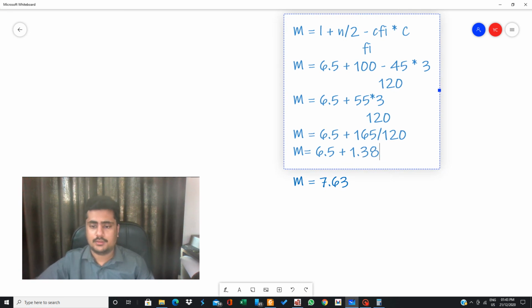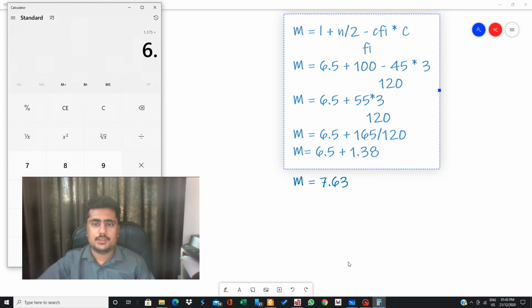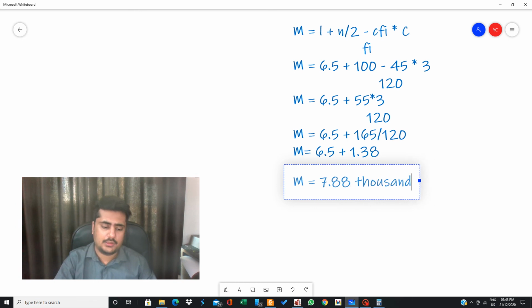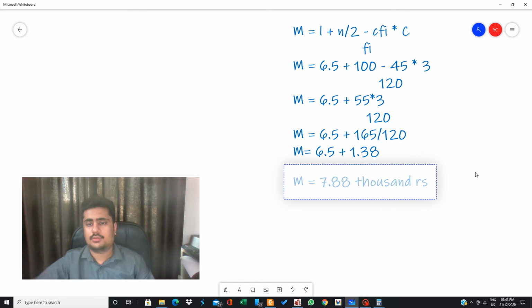Let us take it 1.38 plus 6.5 is 7.88. So 7.88 thousand rupees is my cost median.